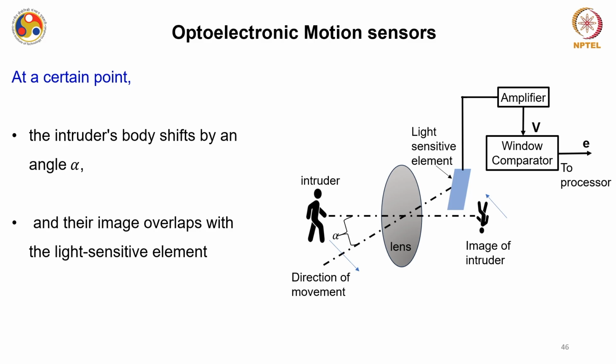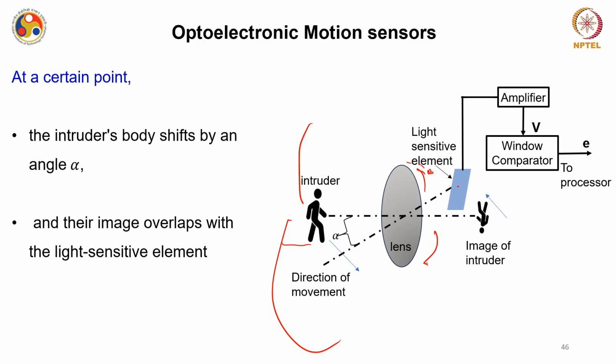At a certain point the intruder's body shifts by an angle alpha, and because of the shift their image overlaps with the light sensitive element. Please note that earlier this person was moving in this direction, for example, or in any direction, because of which his image was not forming here but somewhere here.